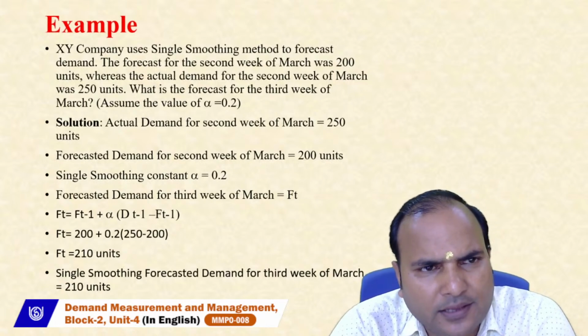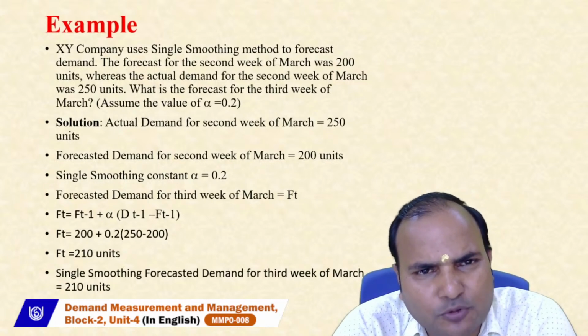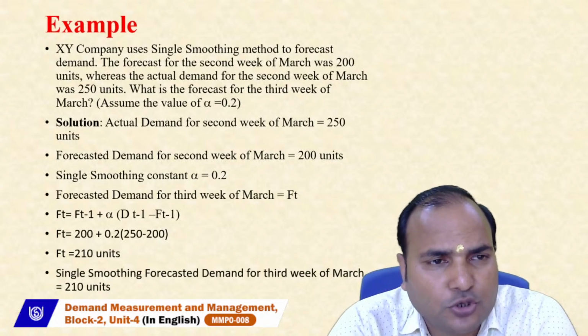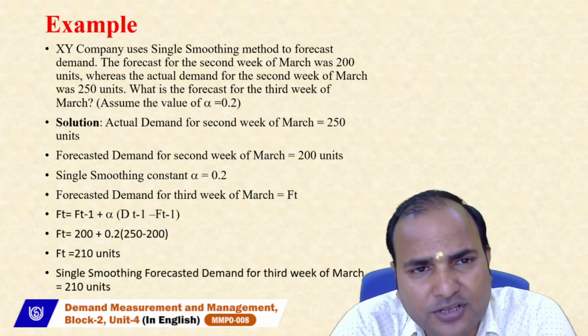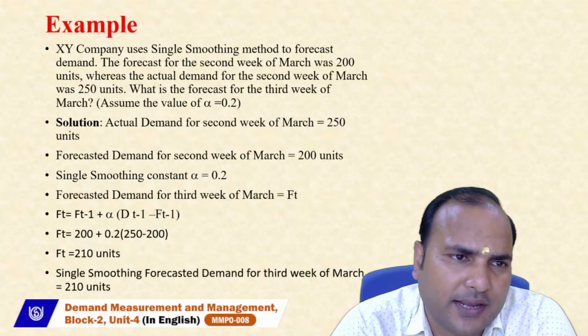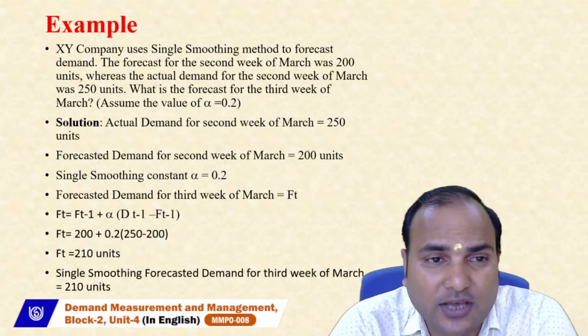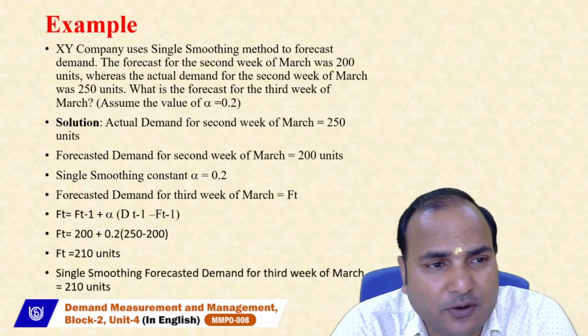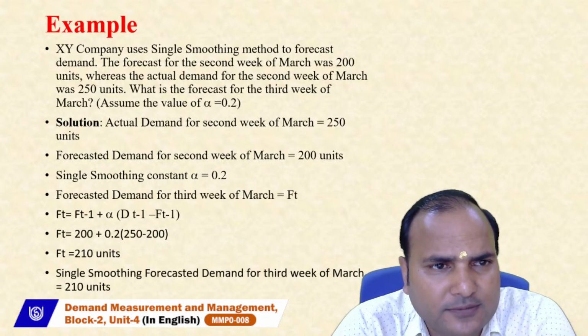XY company uses the single smoothing method to forecast the demand. Here the forecast for the second week of March was 200 units, whereas the actual demand of the second week of March was 250 units.